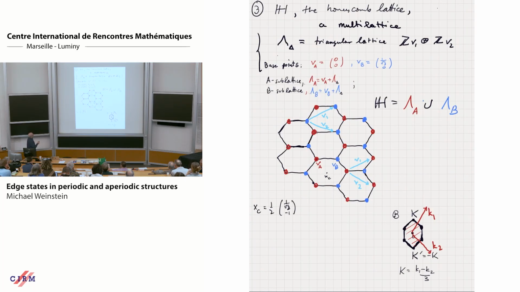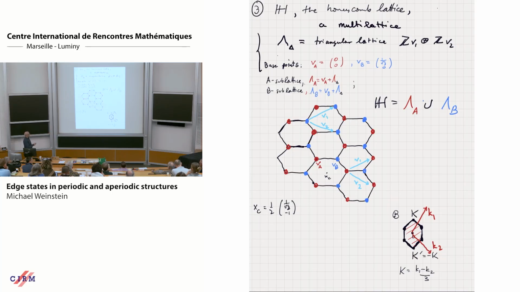And so next we'll look at the honeycomb lattice, which is not a Bravais lattice, it's a multi-lattice. We start with the triangular lattice, the equilateral triangular lattice, and we pick two base points, VA and VB, shown over here. And we look at the triangular lattices with base point at A and base point at B. And these distances are chosen so that what you get is this interpenetrating two triangular lattices.